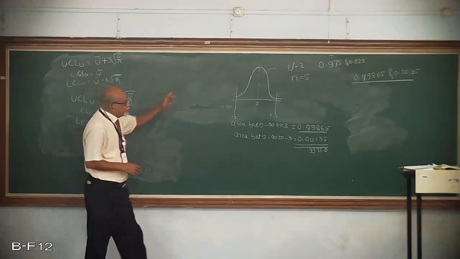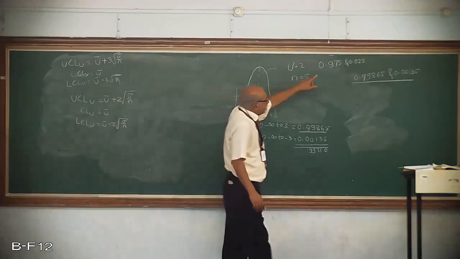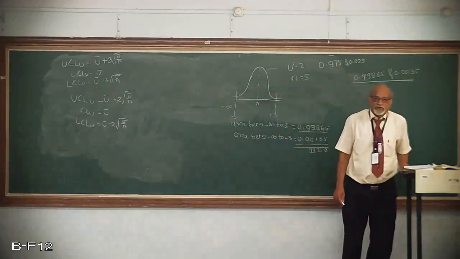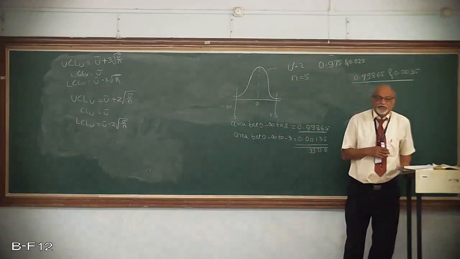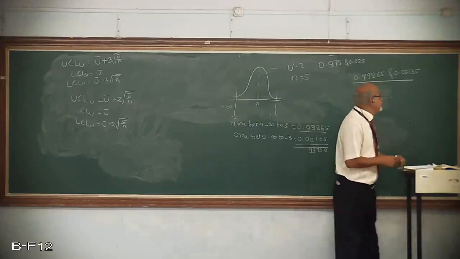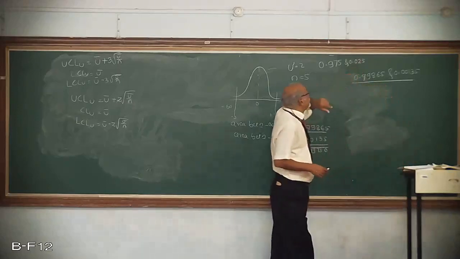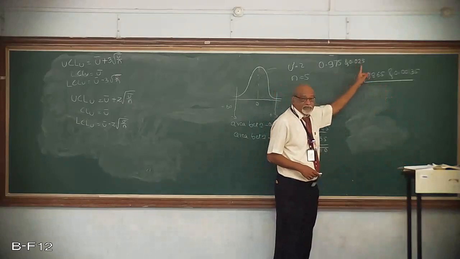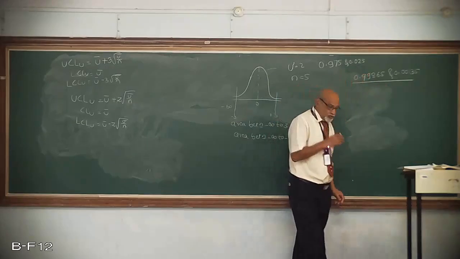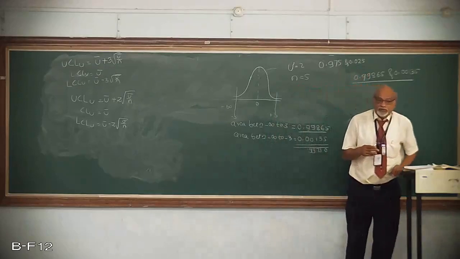The other way of explaining this: 97.5% of the values should fall within the upper control limit, and here 2.5% of the values should fall below the lower control limit.